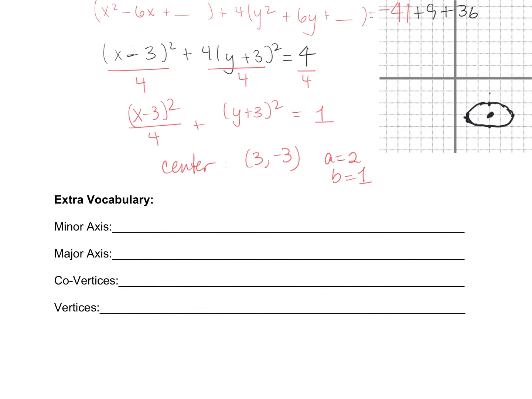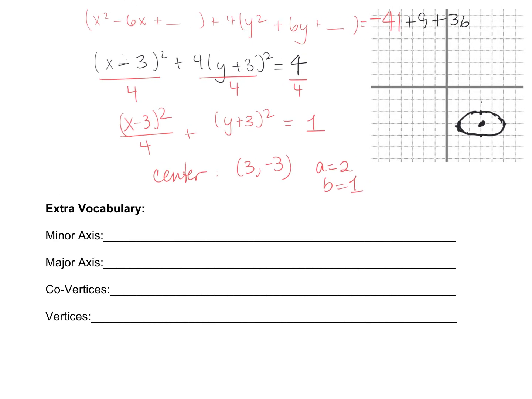Okay, so minor axis. A minor axis is the shortest length from endpoint to endpoint through the center.